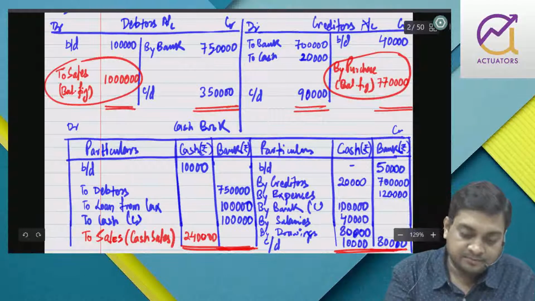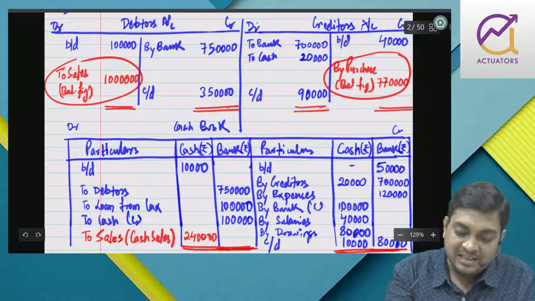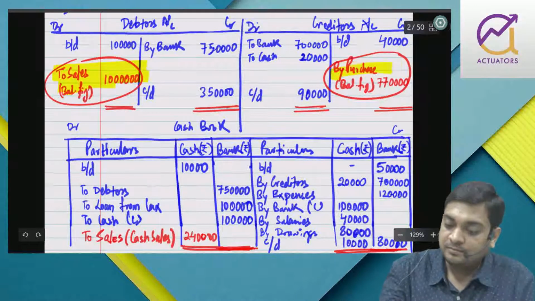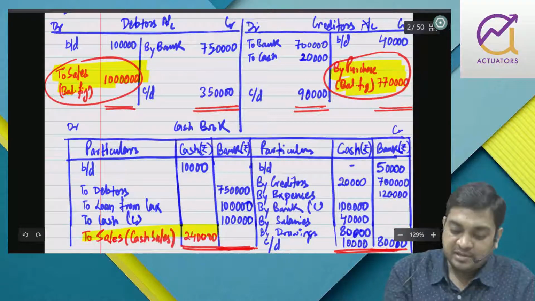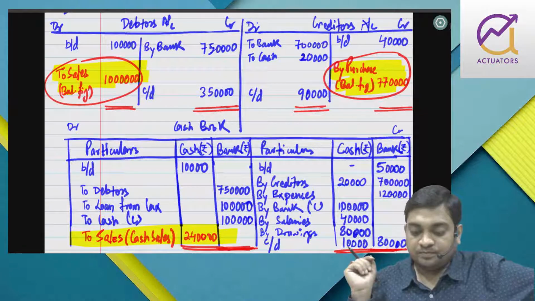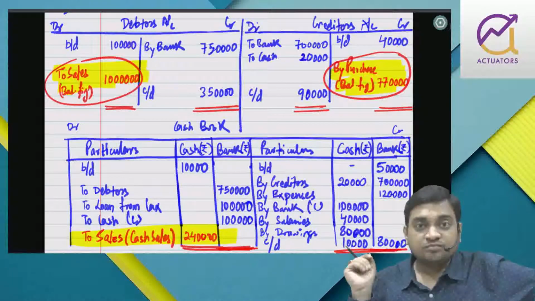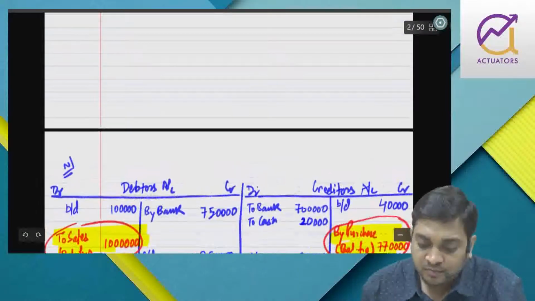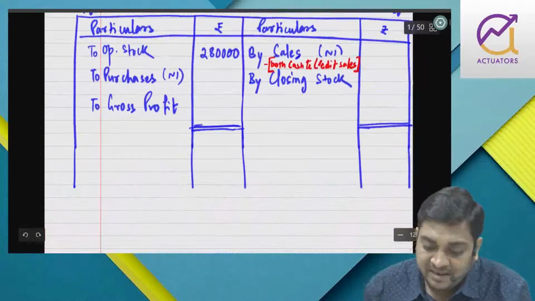Right? So the purpose has been served. Credit sale, credit purchase, and cash purchase. So now I'll be completing it.